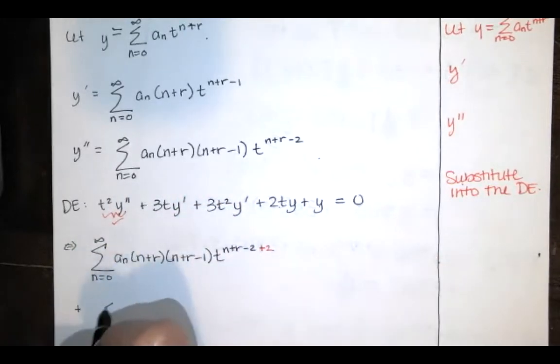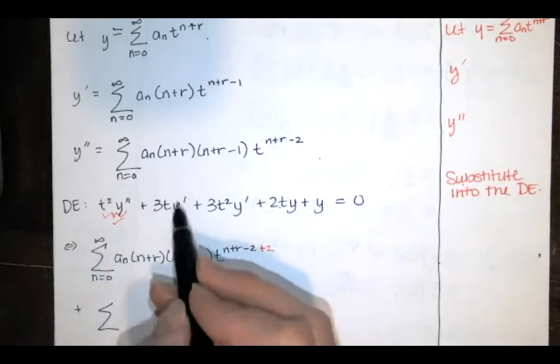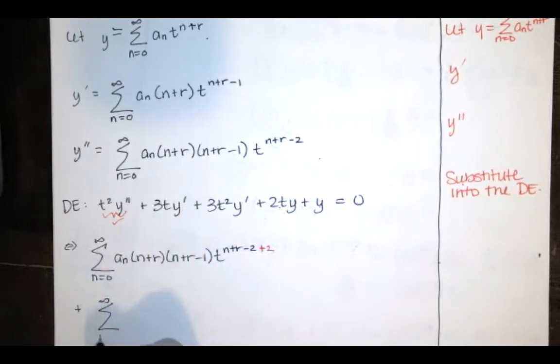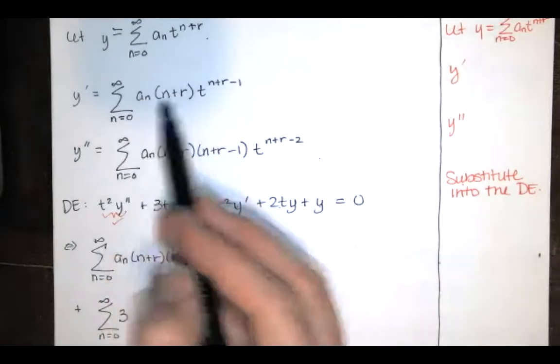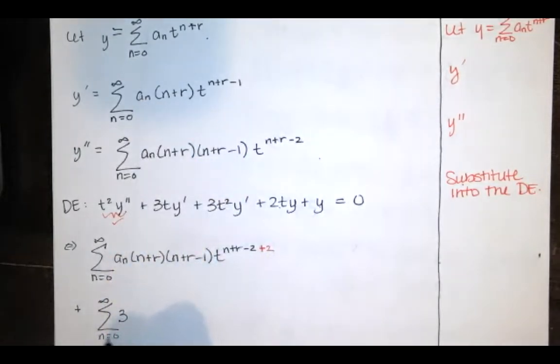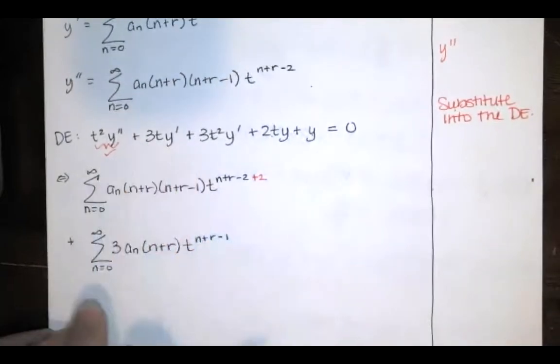For the 3t times y prime, I will multiply by the 3, and then I'll write the expression for y prime right here. This is the sum as n goes from 0 to infinity of a sub n times n plus r times t to the n plus r minus 1. But I'm multiplying it by a t.